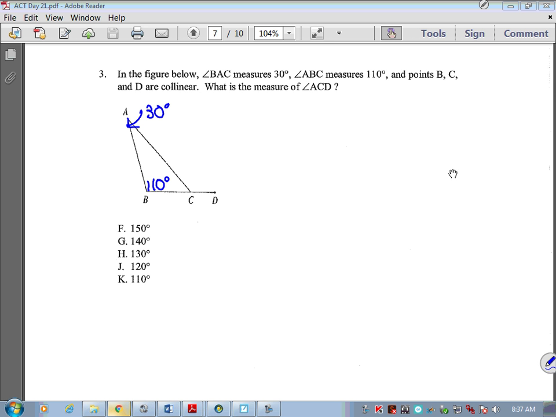And points B and C and D are collinear. What's the measure of ACD? It wants to know what that is right there. Well, take 110 plus 30, which is 140. Find out what's left, which is obviously 40 degrees. If these are collinear, then 180 minus 40, you should get 140 degrees. Right there is what's left.